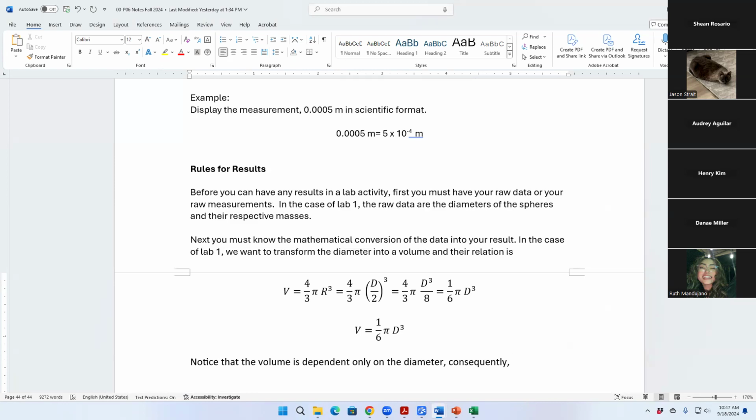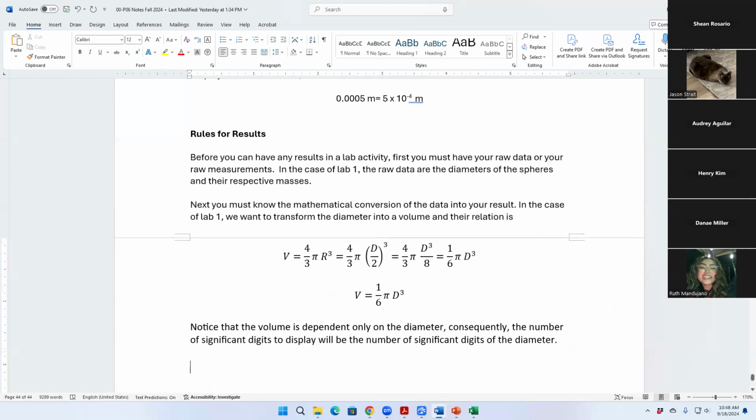Consequently, the number of significant digits to display will be the number of significant digits of the diameter. Okay? So you have to count the number of significant digits.